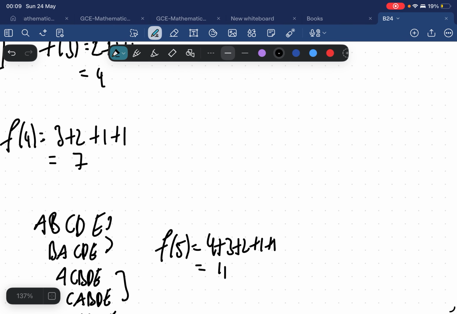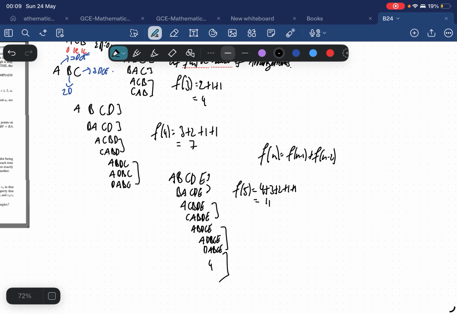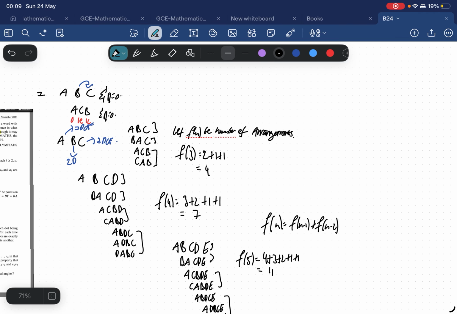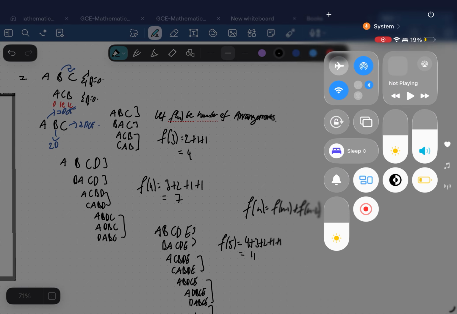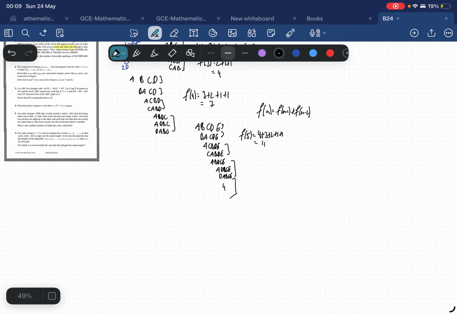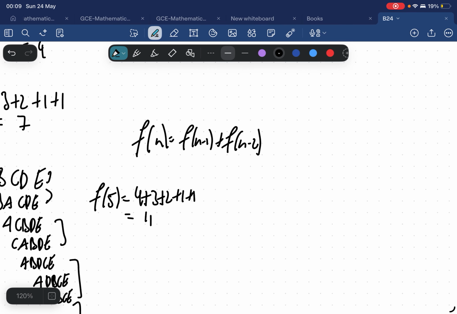This might be a bold claim, but could we say that f(n) is equal to f(n minus 1) plus f(n minus 2), perhaps? That might be kind of presumptuous. Should we induct? I'm not sure we should induct. There are definitely some cases. Yeah, I'm confident in this actually.